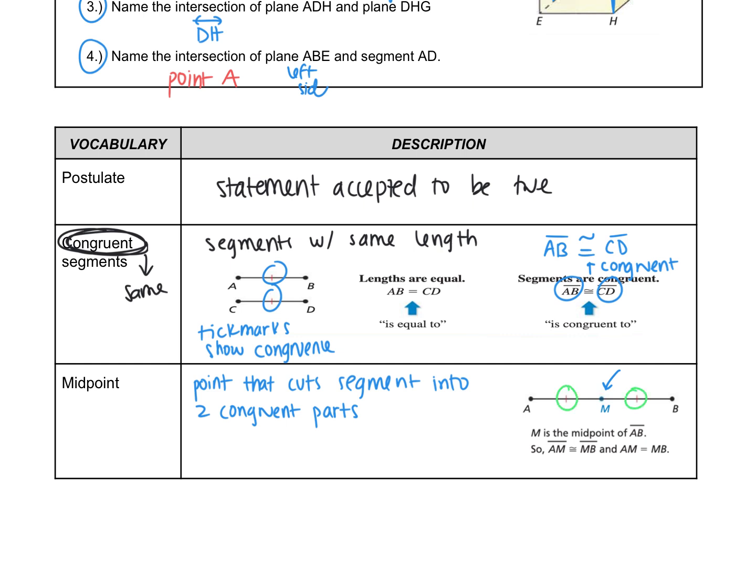These tick marks tell us that this segment is the same length as this segment. That's what makes M a midpoint. If I put another point in it, like I put a point here, that is not a midpoint, because the distance to the left is not the same as the distance to the right. So the midpoint specifically has to be in the middle. Questions before we do an example together?